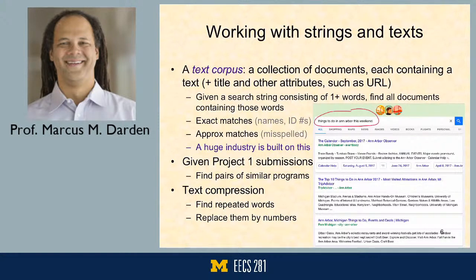Another thing that works with strings and text is text compression. We like to compress text. It's usually fairly easy to compress text, easier than it is to compress binary data. Very often binary data is already fairly densely packed. But if we look at the way that text works, we often use much less space than we need, right?